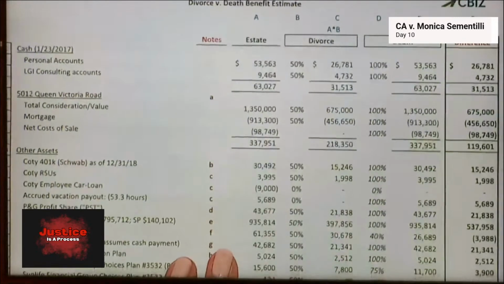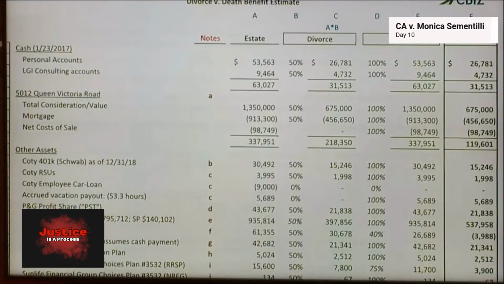Okay. And even though the account is only in Ms. Sementilli's name, even in divorce, she would still only receive half of it, unless she could somehow trace the funds that were in there to a separate property source, which I assumed could not be done since LGI was not formed before marriage.